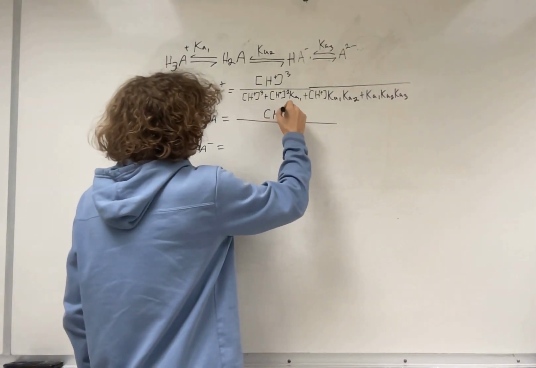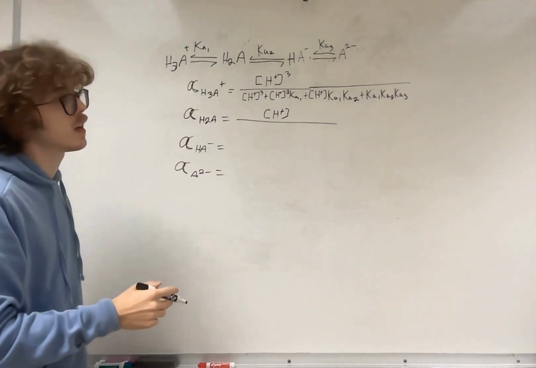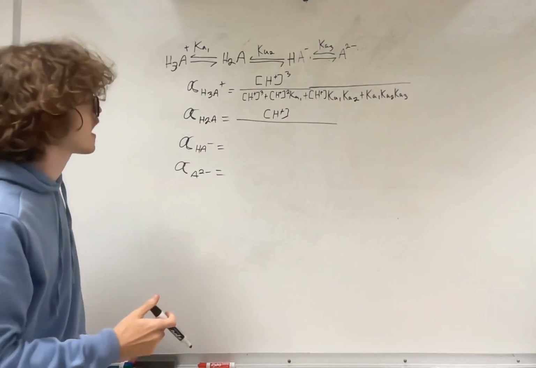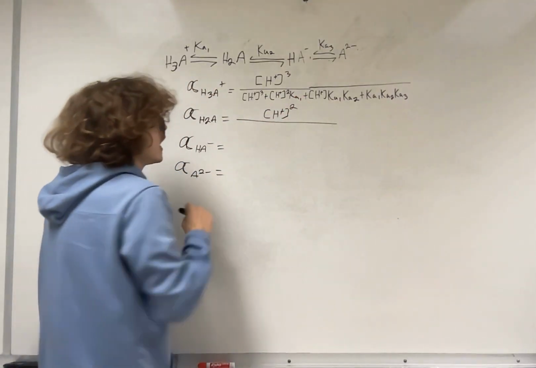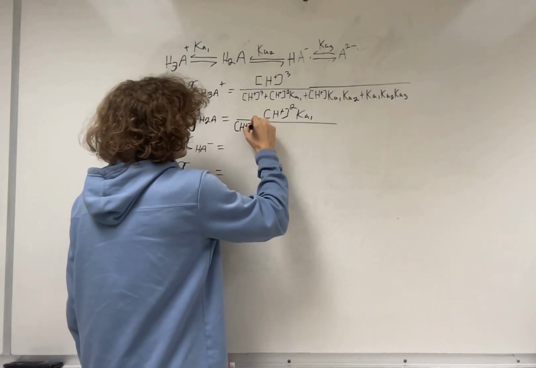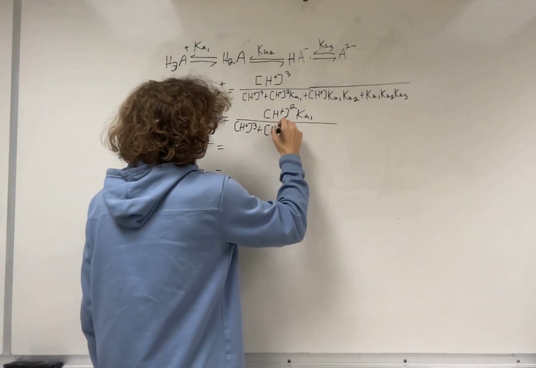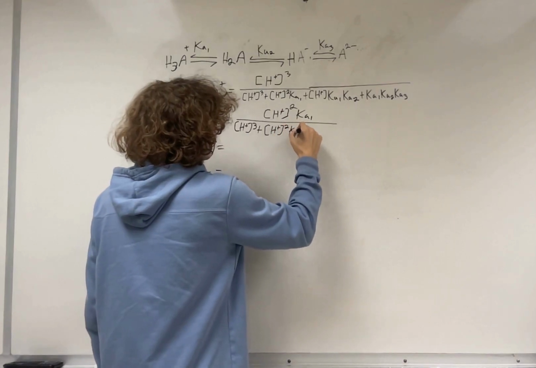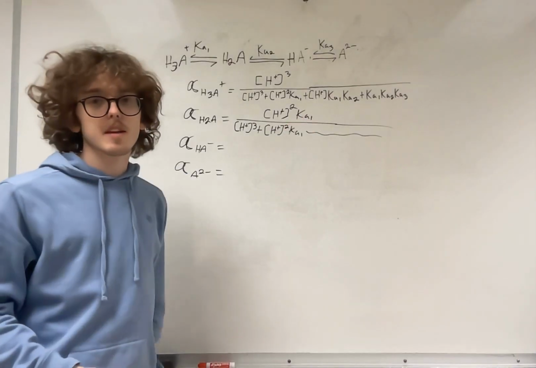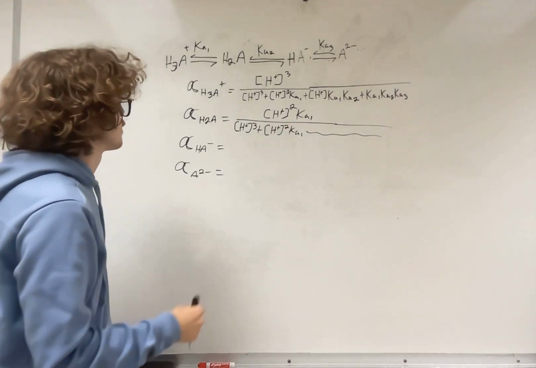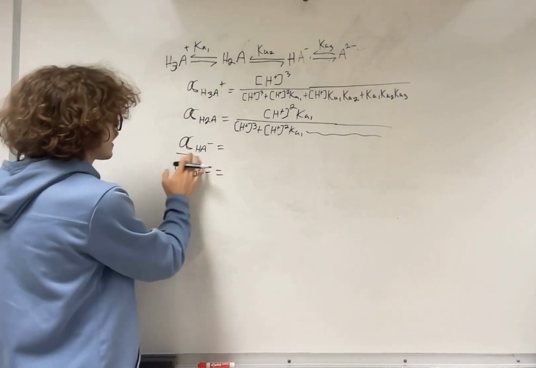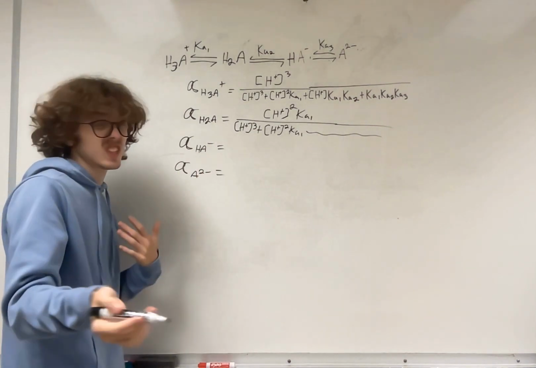We'll define the numerator in the second fraction for the second acidic species. We gave a proton, now we're at this one. We're going to say this is H plus squared Ka1. Then all of that on the denominator is literally the exact same as up there, so I'm not going to write it out. We could also talk about the fraction of just HA, and hopefully you can start to see the trend here.